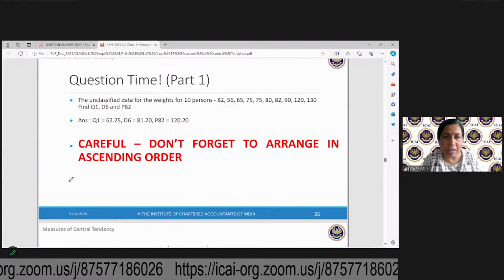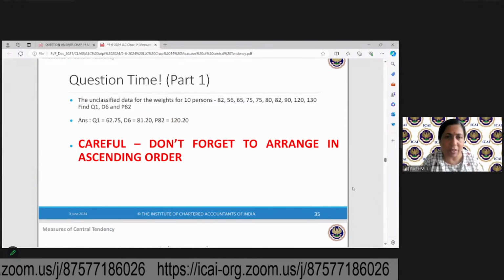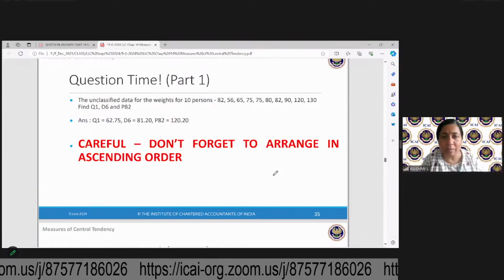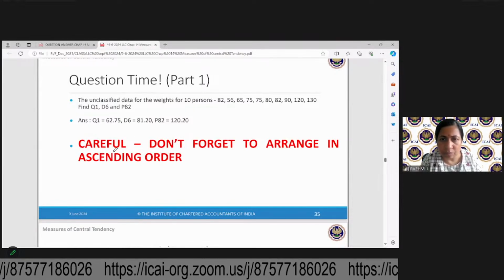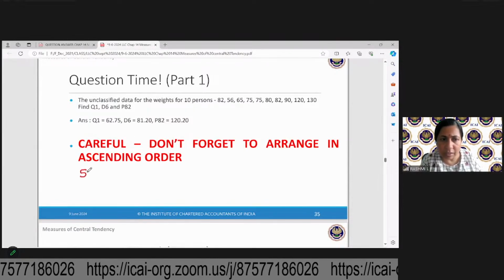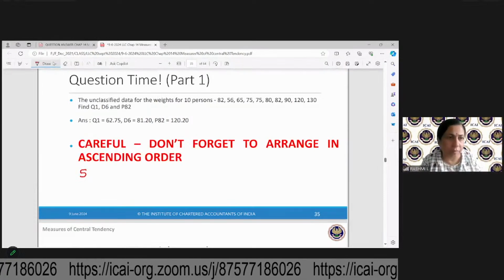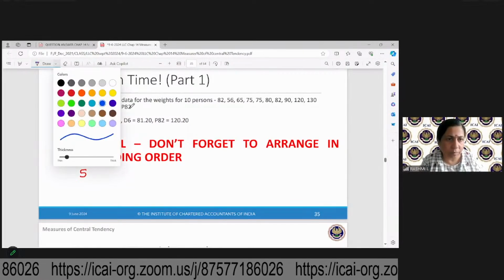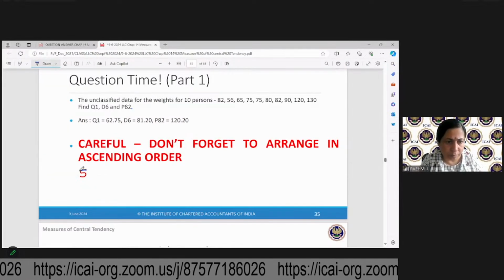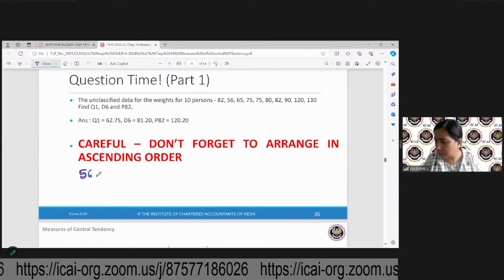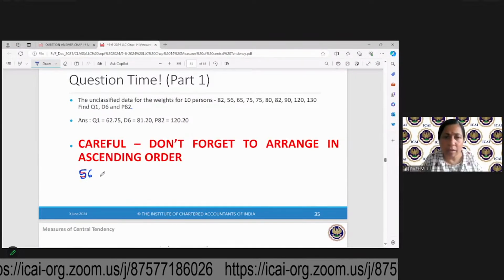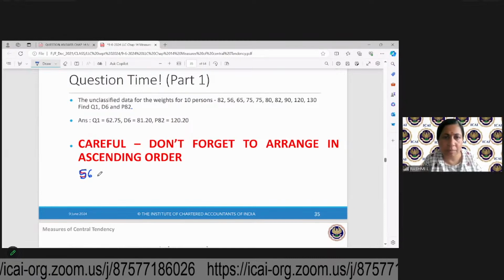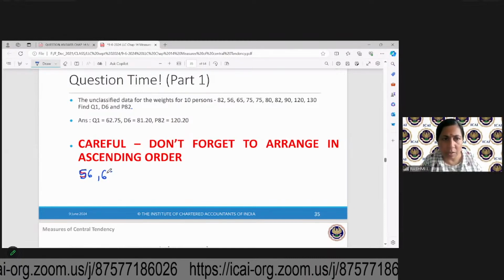So can anybody tell me what the smallest number is and what the arrangement is? How should I write it? 56, then 56, 65.